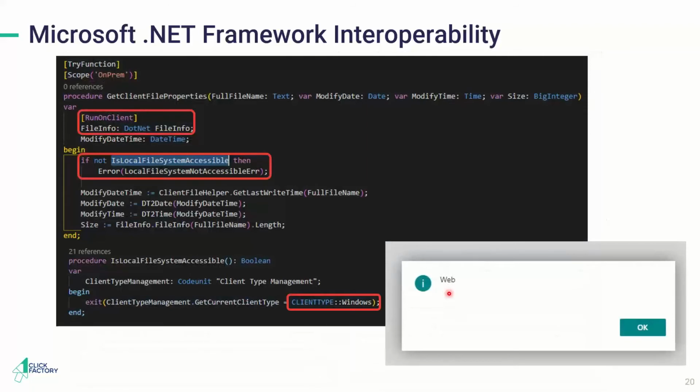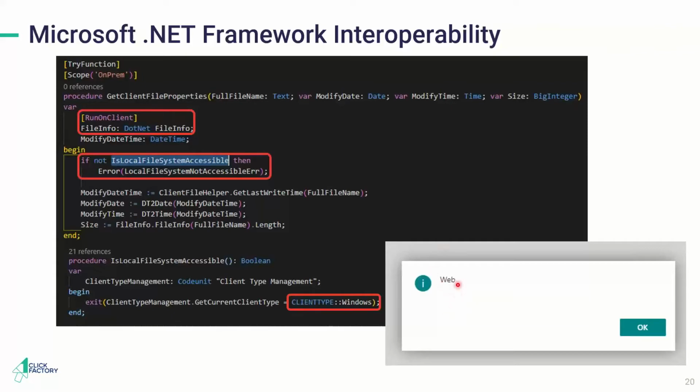And what is happening in file management in Business Central 15 plus versions? You see there are still run on client controls present in the file management codeunit, but new code appeared which checks if the local file system is accessible. And the file system local is accessible only if the client type is Windows.